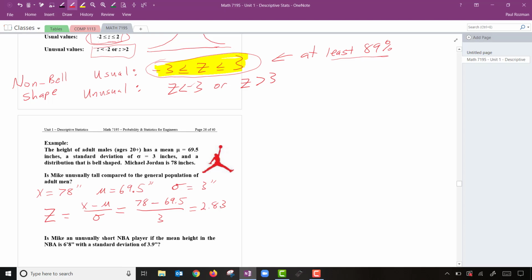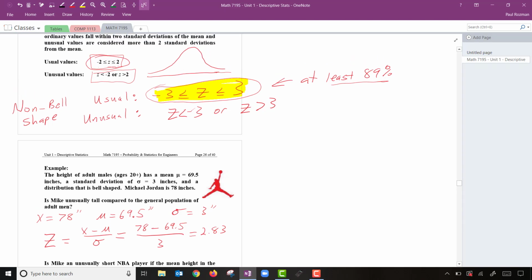Is he tall? Well, it depends on what rule we go by. Up above there, we said if it's outside of this -2 to +2, yeah, he's kind of unusually tall. If we go by the second version, we say maybe not super tall. He's getting there. I think with this situation, we can pretty much imagine that heights of North American males probably look pretty bell-shaped.